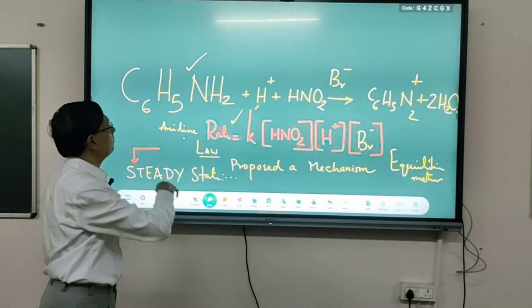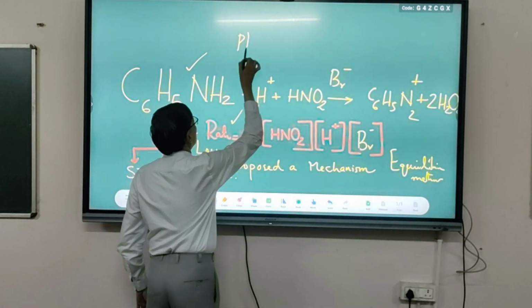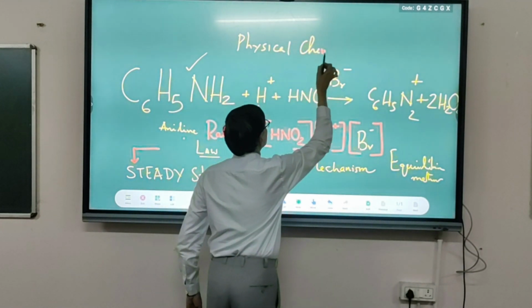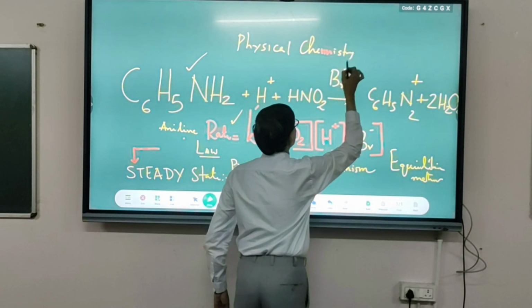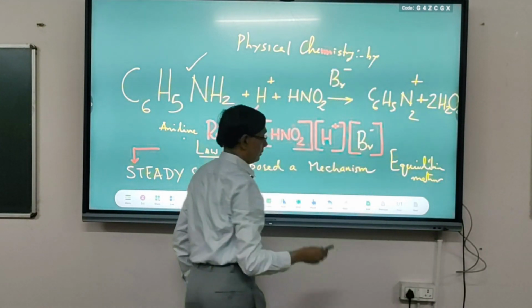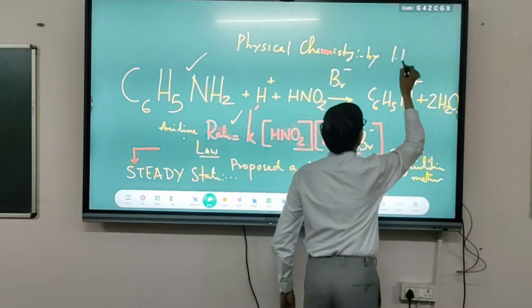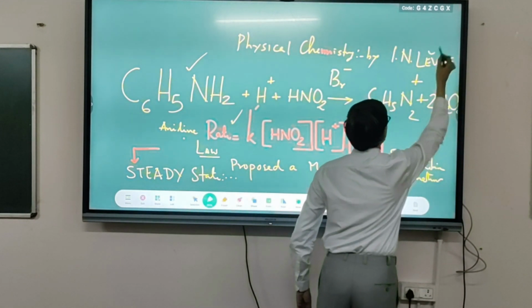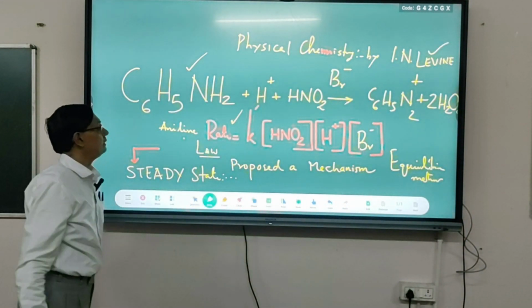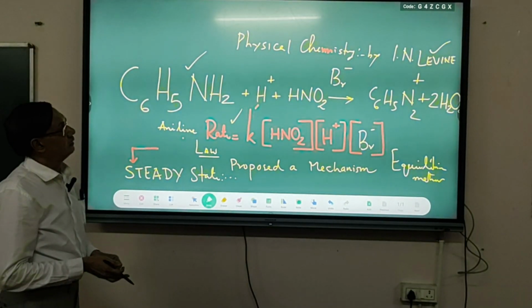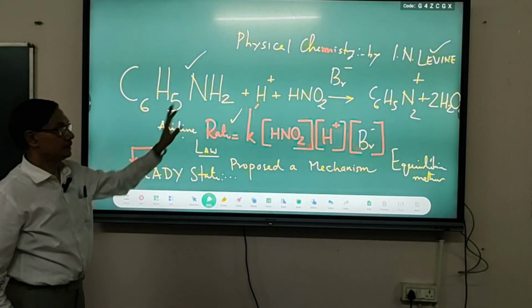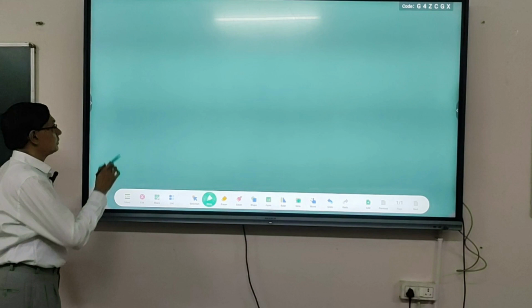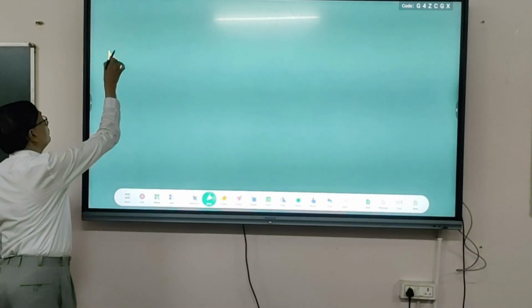I have taken this example from the book of physical chemistry by Ira Levine. So let me first write the most probable mechanism of this reaction.